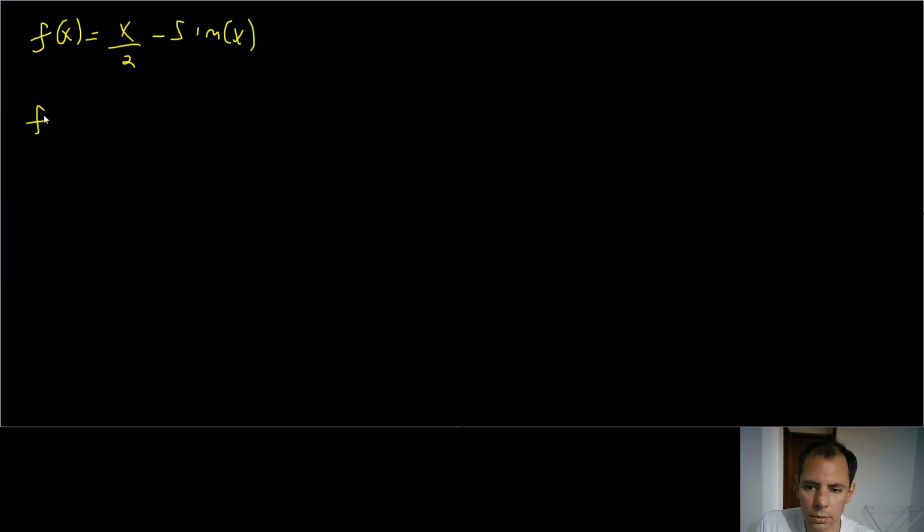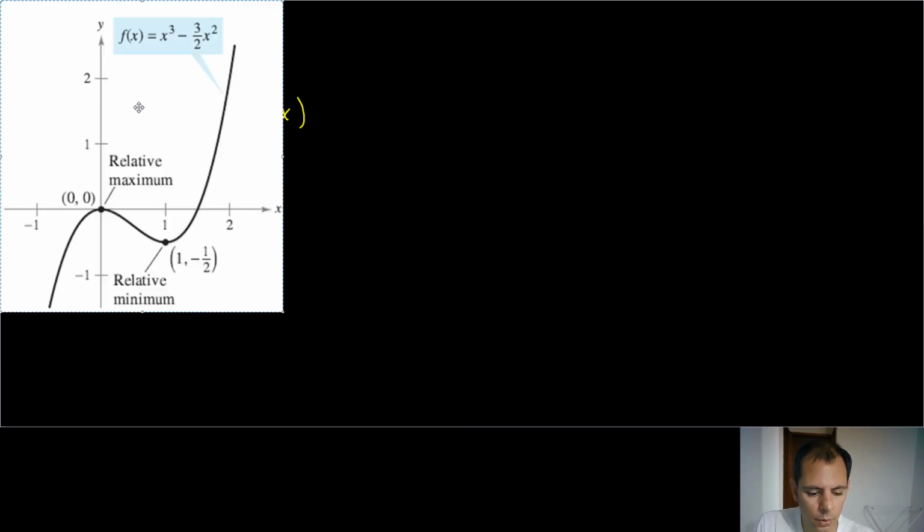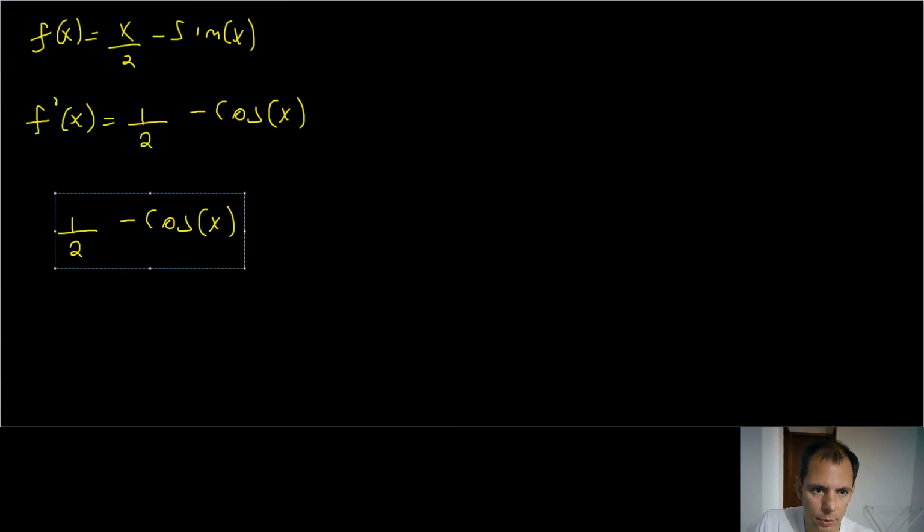Well, let's find out when this function right here is going up and when it's going down, right? Because this is a sine, and you know, the sine is going to go up and down, up and down, up and down forever. So you want this to be 0.